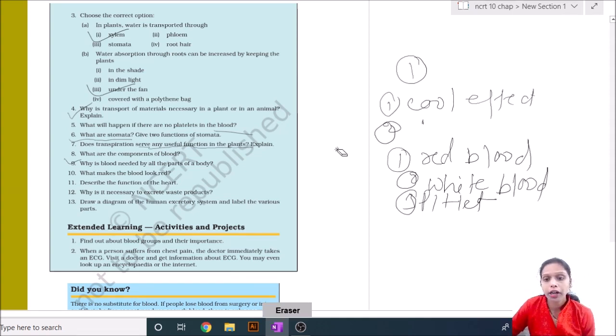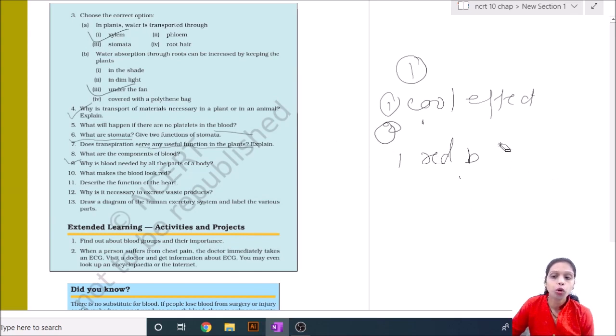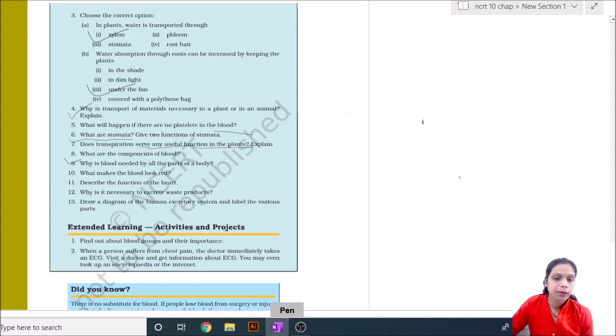Actually, the color of hemoglobin is red. That's why the color of blood is red. Describe the heart. You already know what the heart does. It takes deoxygenated blood and gives it to our lungs. After that, it takes the oxygenated blood from the lungs and gives it to our body. This is the function of the heart.